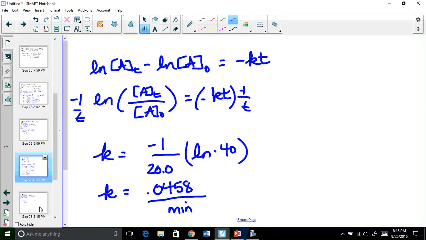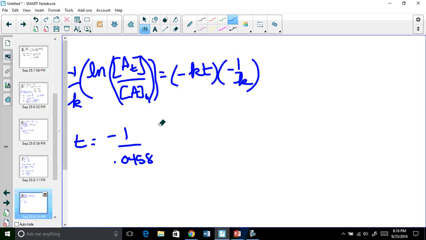0.0458. And now this time we want to know the half-life. And so it's not the ln of 0.4, it's the ln of 0.5.